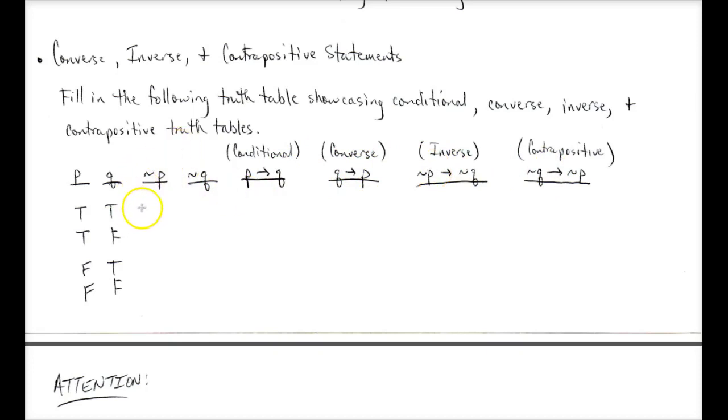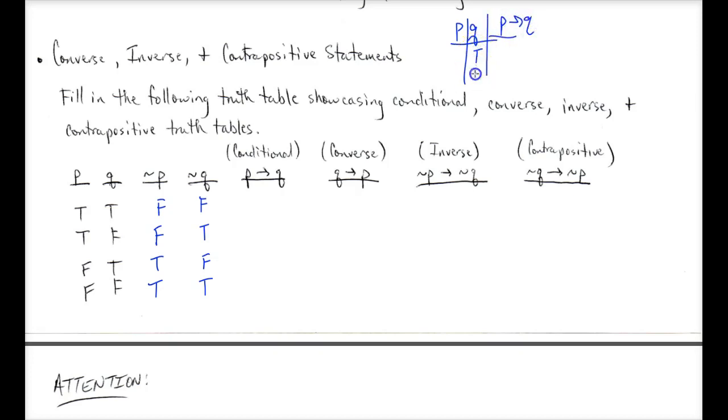So if we negate P, that's just going to be the opposite of whatever P is. So if P is true here, then it's got to be false there. True's got to be false. False got to be true. False got to be true. Okay? And the same thing for Q, we negate that. So we just write the opposite of what we see. Now, for the conditional statement, of course, we've already seen that before, and I'll just do it again here.